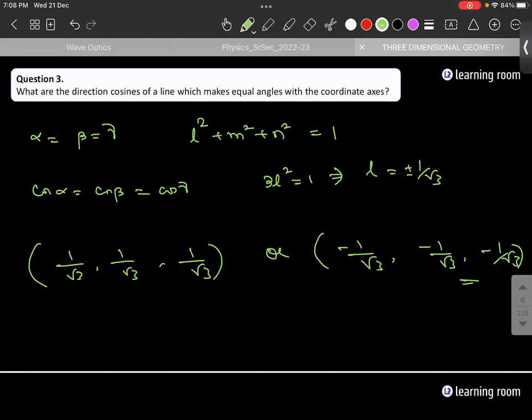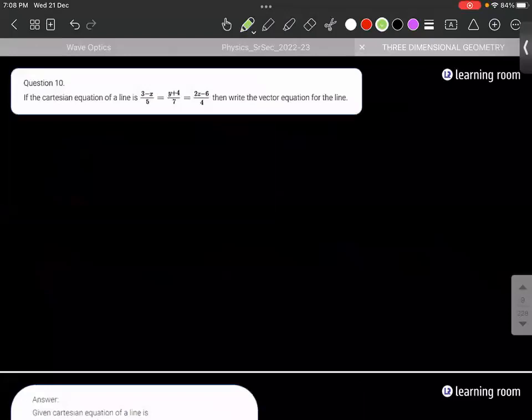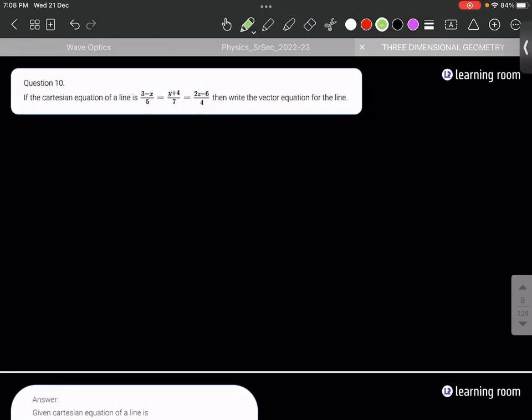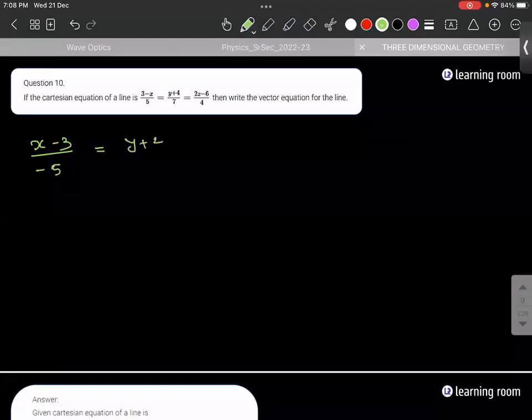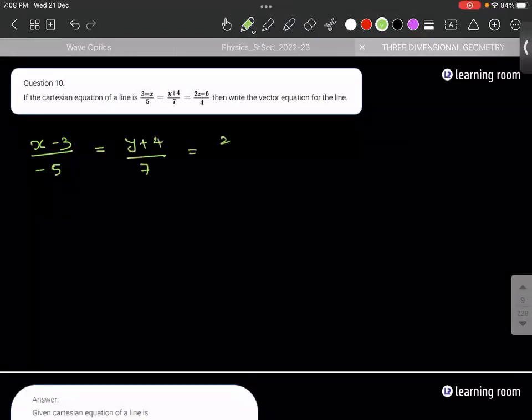Okay. If the Cartesian equation of the line is given as this, write the vector equation of the line. So how to write it? Can I write the equation as x minus 3 by minus 5 is equal to y plus 4 by 7 is equal to 2z minus 6 divided by 4.